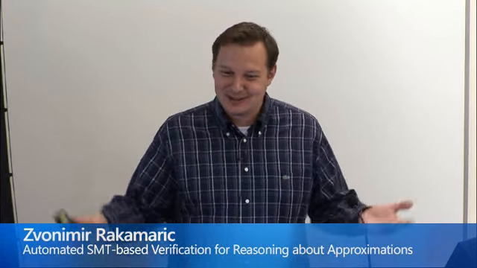Okay, so our goal, like I said, is to enable this rigorous exploration of approximate computing trade-offs. And we want to do this using automated formal techniques for reasoning about approximations.